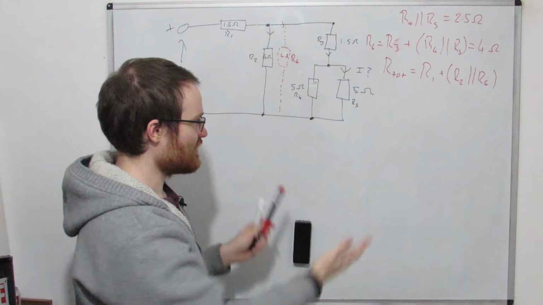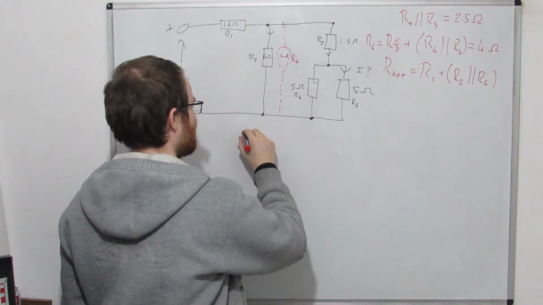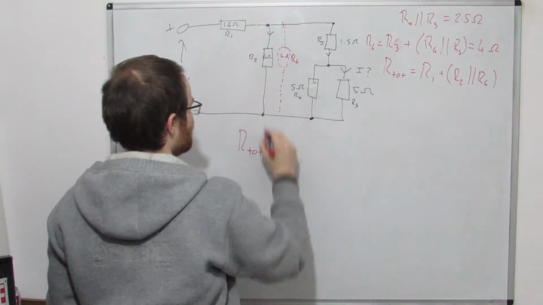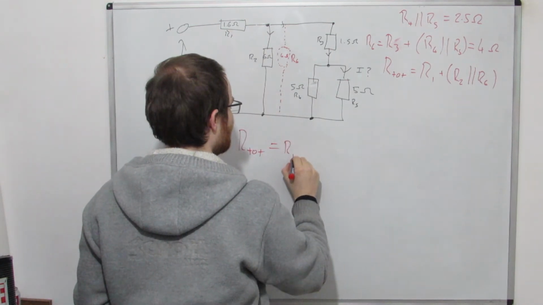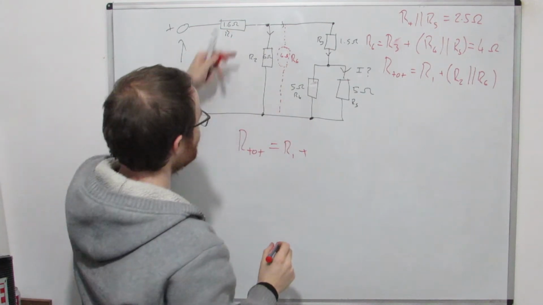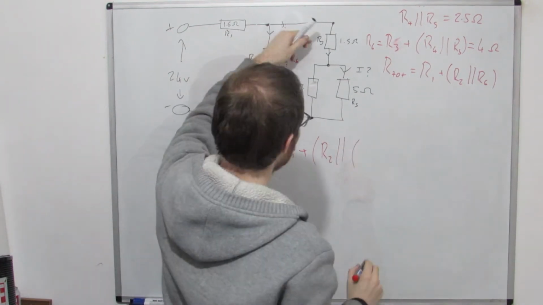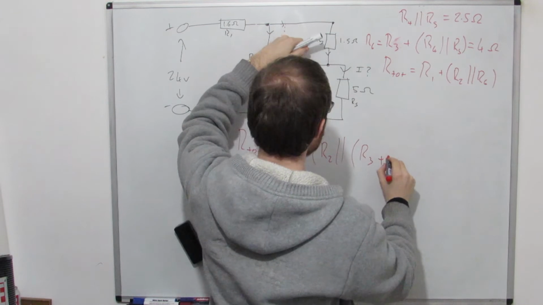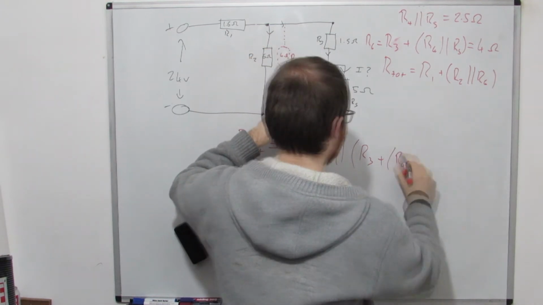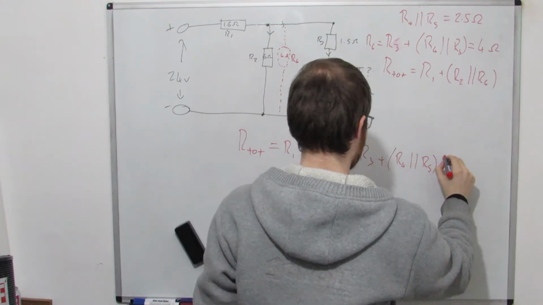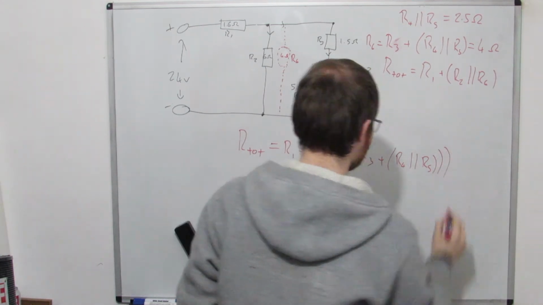So you can see, if I wanted to write that whole thing out, we've said that the total resistance is R1, in series with R2 in parallel with R3 plus R4 in parallel with R5. Close brackets, close brackets, close brackets.